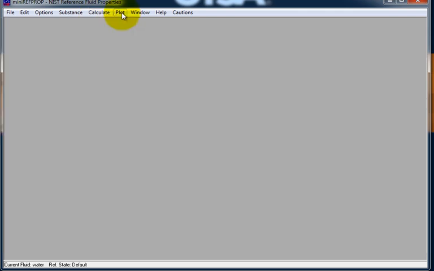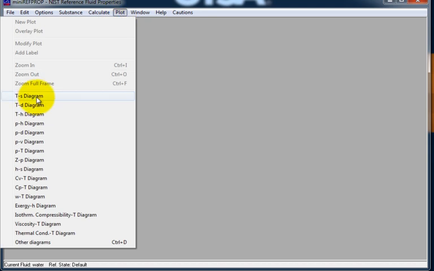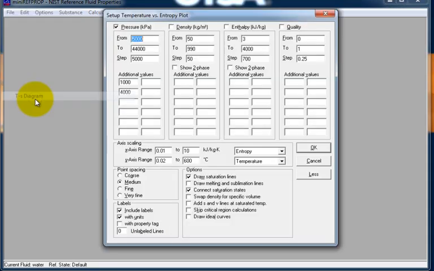Or I can just even do a plot. I can plot the temperature entropy diagram. I played with this a little bit. I'm going to put one line at 30 kilopascal, and just put 100 here or some ridiculous number.